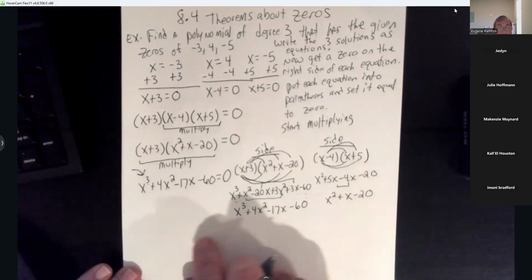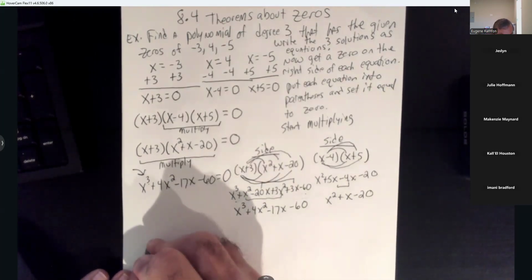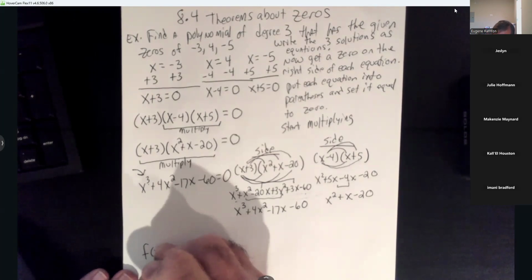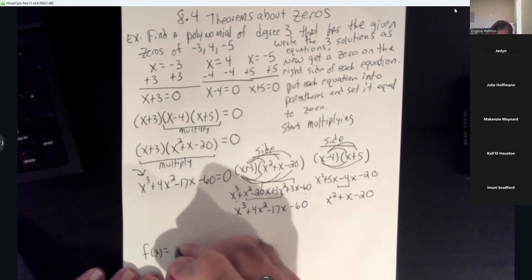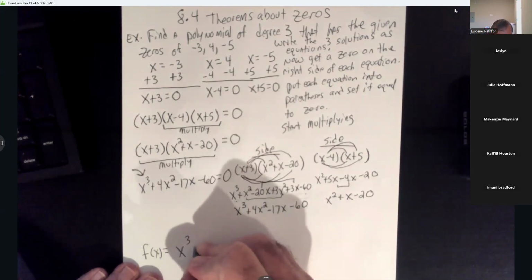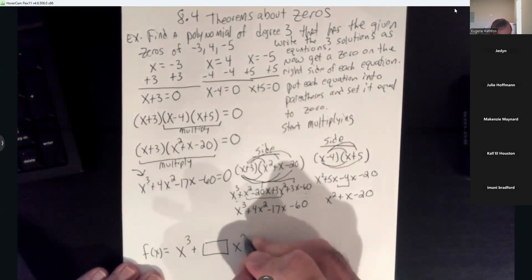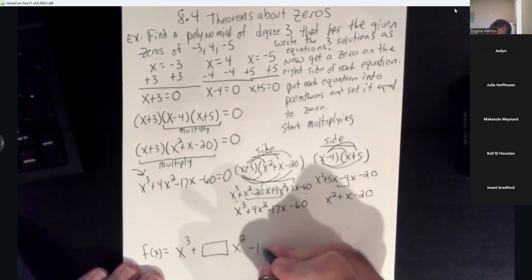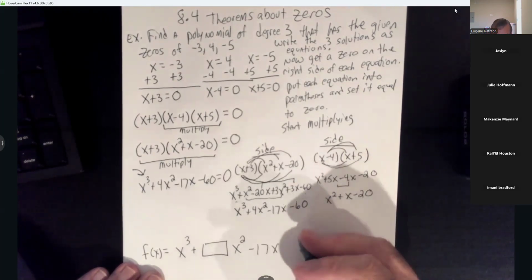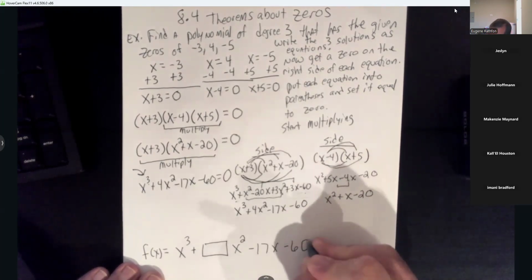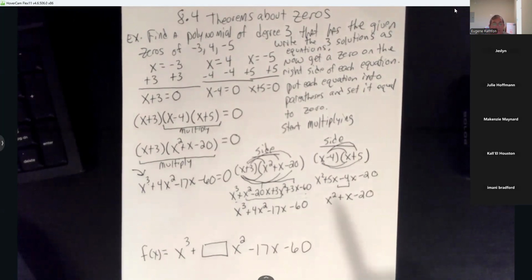So y'all, here's what MathLab has. They got this. f of x equals x cubed plus blank x squared minus 17x minus 60. The question of the day, what goes into blank? So what would y'all put into blank?